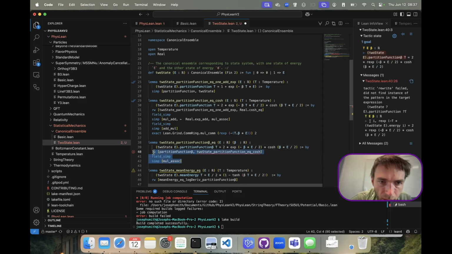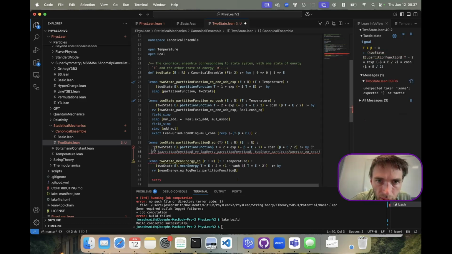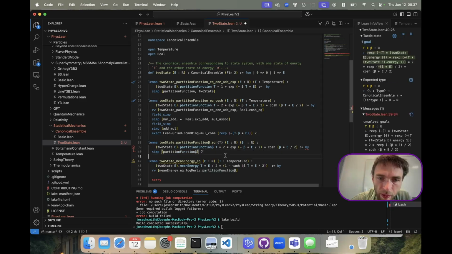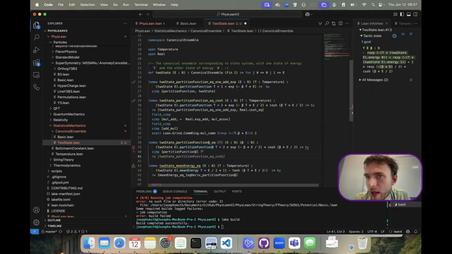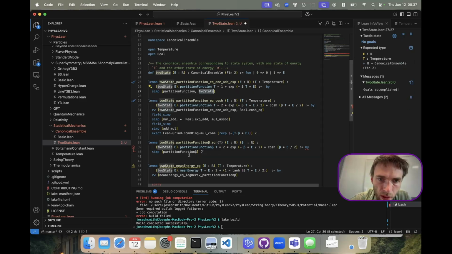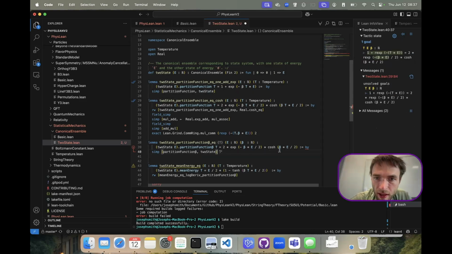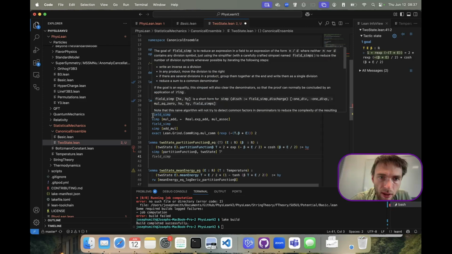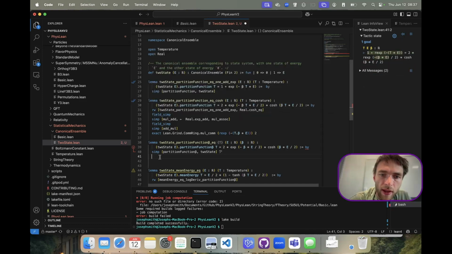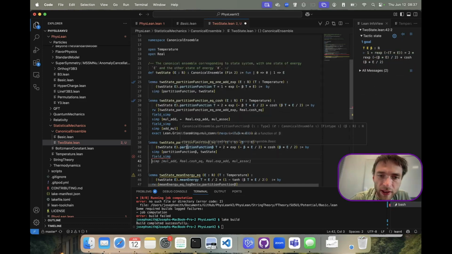So basically the proof should be exactly the same as we've got before. You could probably do a cleverer way of doing this, where you relate the partition function as a function of beta to the partition function as a function of temperature.